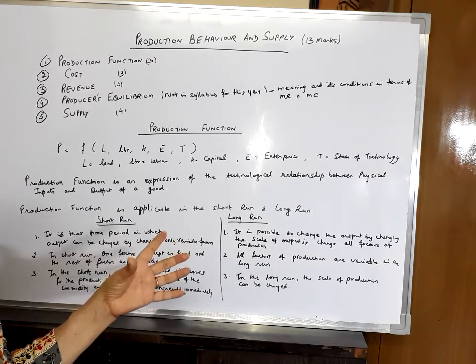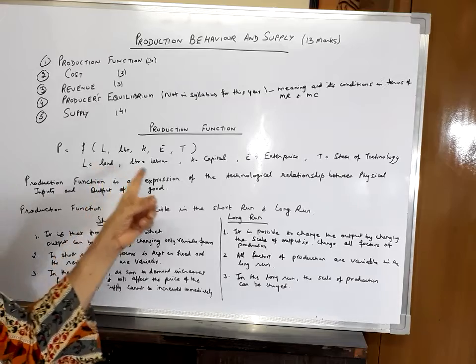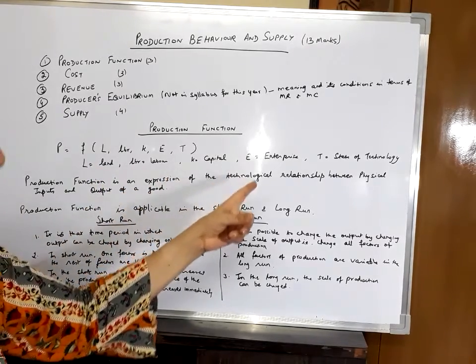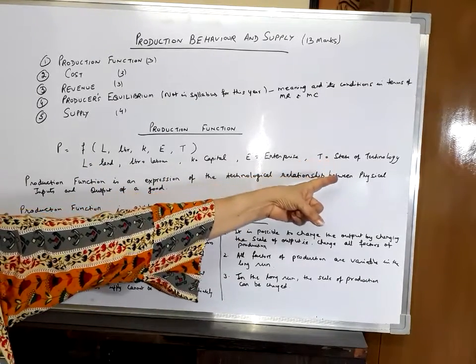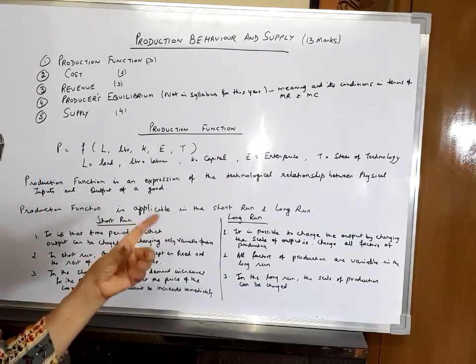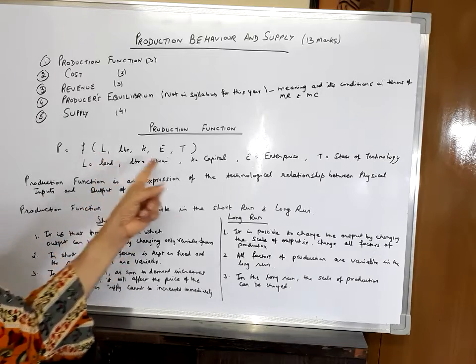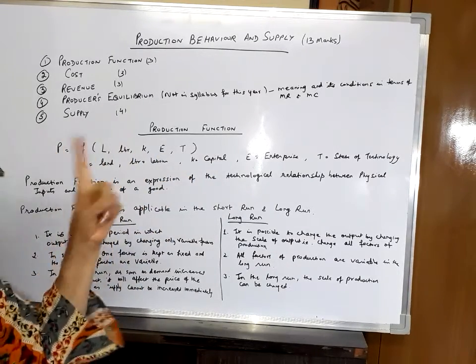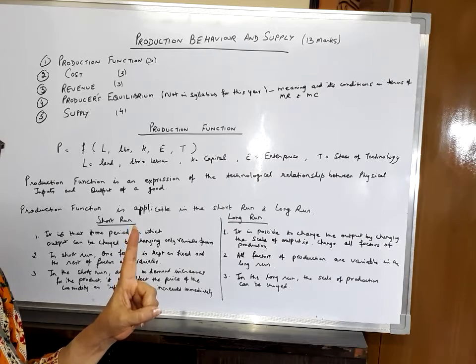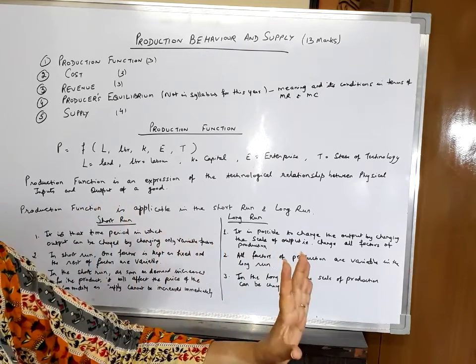Children, you have to understand that the factors of production that I have just mentioned, that is land, labor, capital, enterprise and state of technology, these are the factor inputs, and we have to also take into account that in the short period, one factor of production is kept variable while others are kept as fixed.